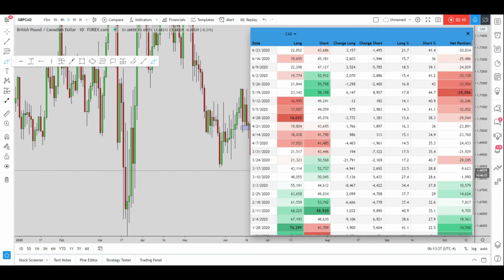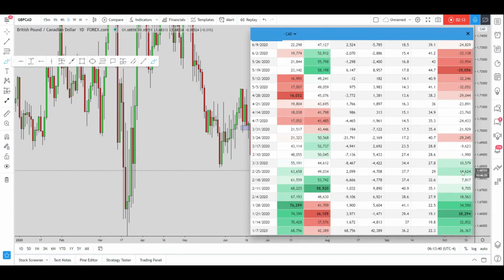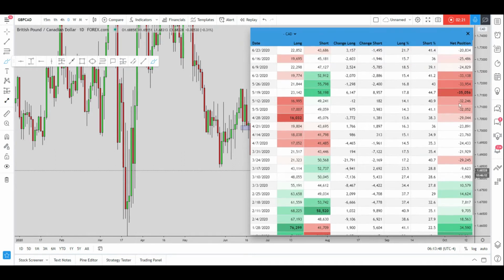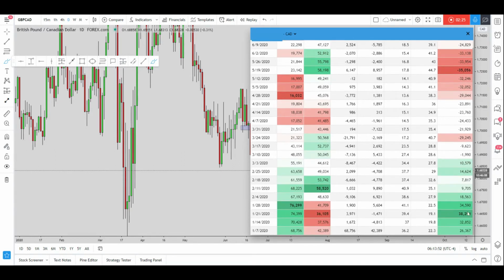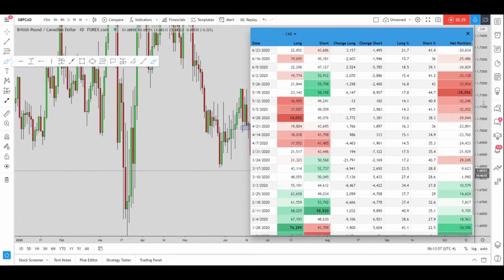so commitment of traders. Now, what we can see on the CAD, first of all, is that clearly we have seen a decrease in the net positions from the positive 38K that we had here all the way down to minus 35K. So from having way more longs than shorts from an institutional perspective on the CAD to having way more shorts than longs. And then net positions increased from minus 35K to minus 20K.